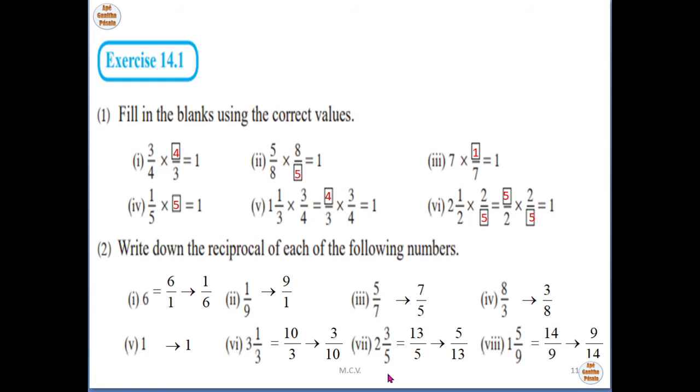Interchange numerator and denominator. Then the reciprocal is 5 over 13. Eighth one, 1 and 5 over 9. 9 multiplied by 1, 9. That answer plus 5, that means 9 plus 5, 14. 14 over 9. The reciprocal is 9 over 14.